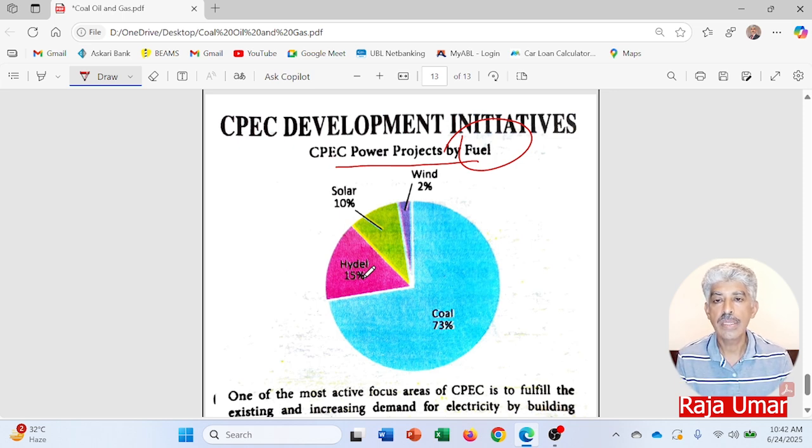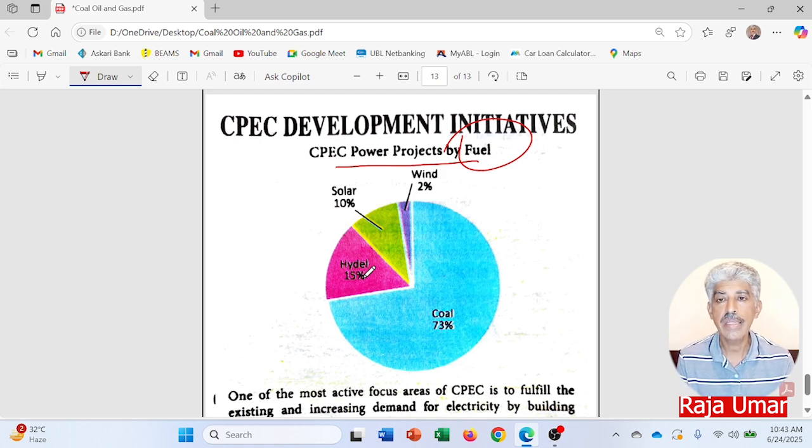But this project is going to have a broader initiative: laying down the railway track alongside the road network, and then establishing many industrial zones.